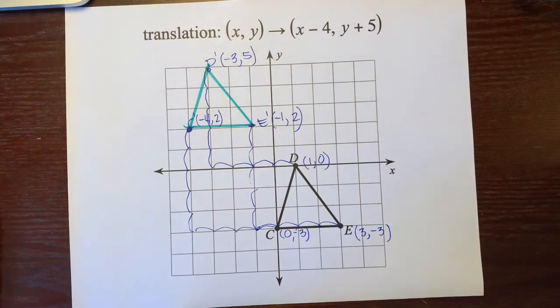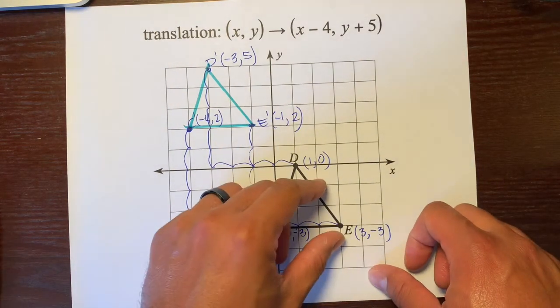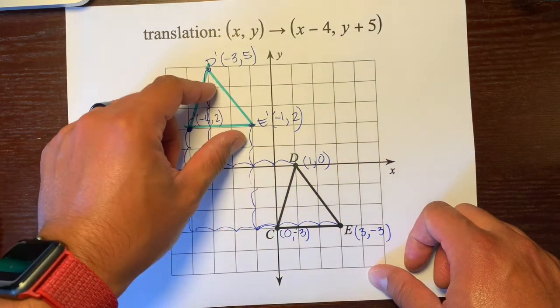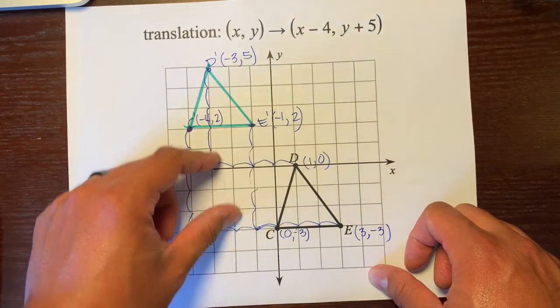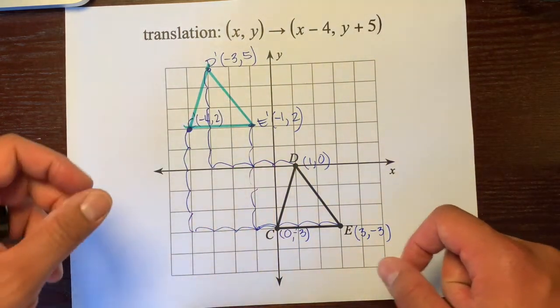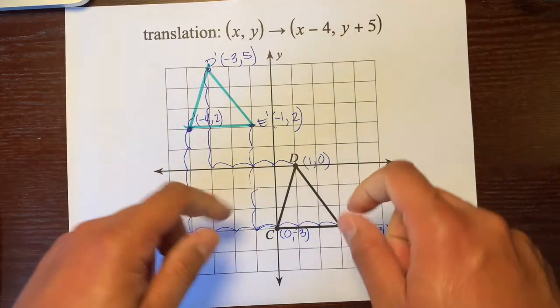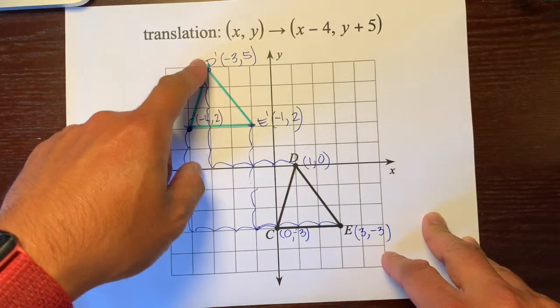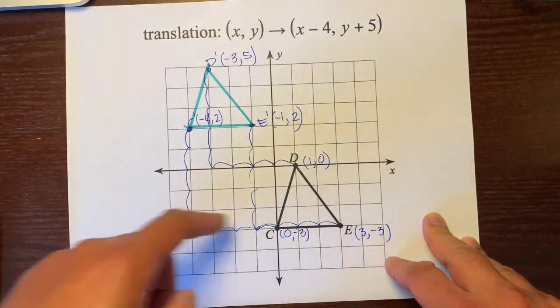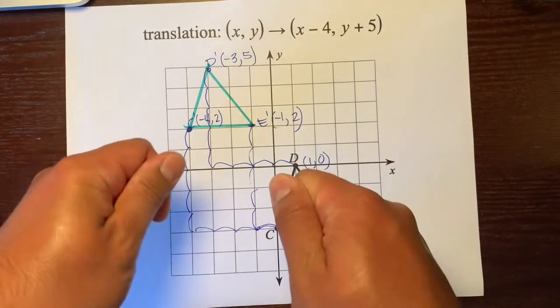One main thing I want you guys to notice is that when we translated this triangle to the left 4 and up 5, the triangle didn't rotate. D is still at the top, C is to the left, E prime is still to the right. We didn't rotate it at all.